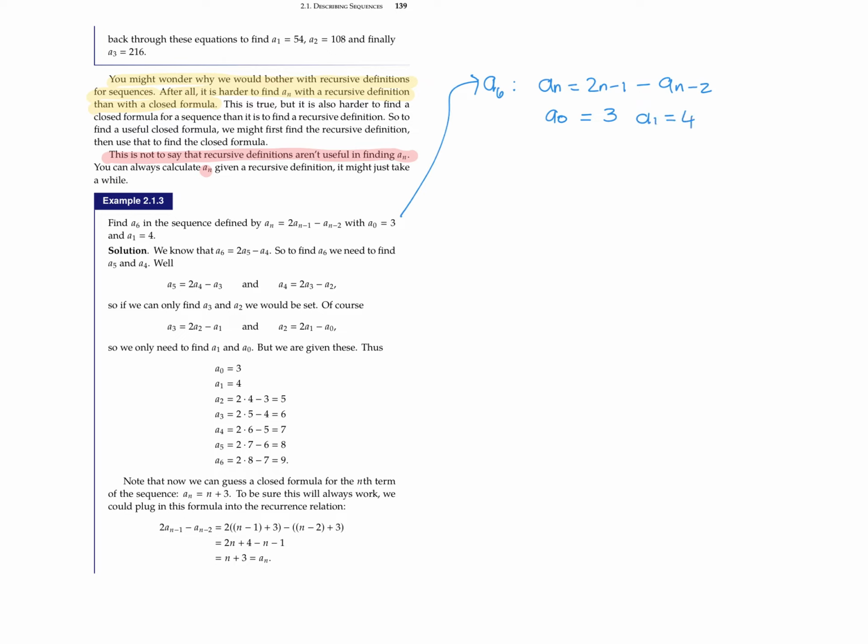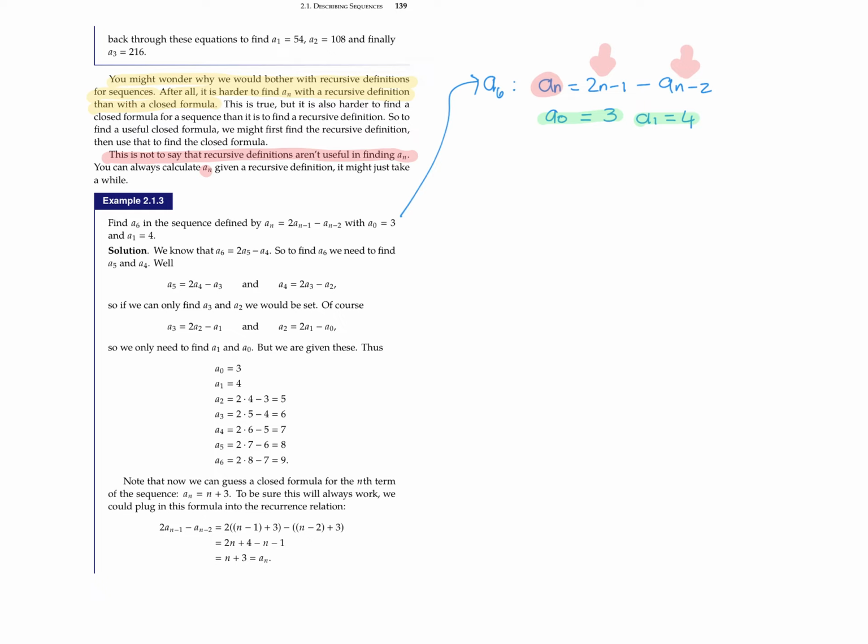Now let's stand still there and see, why did they give us 2 initial conditions? Well, the answer lies in the way the function has been defined. You need 2 prior terms to get to a particular term.